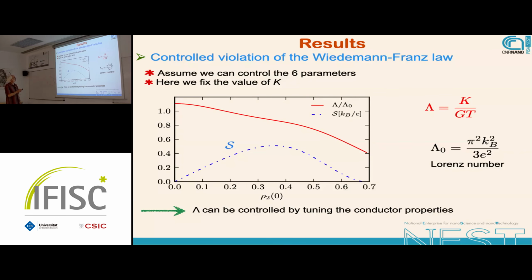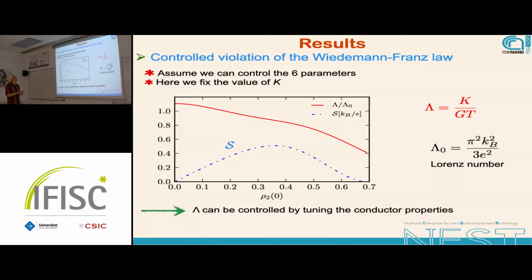In this case, we just fix the parameters in such a way that k is fixed, so we are varying just g. This is one possible way to do it, so this is not very important. What I'm showing is that you can really control this ratio, and at the same time you can control the thermal power, which is non-monotonic, but this all depends very much on the parameter.